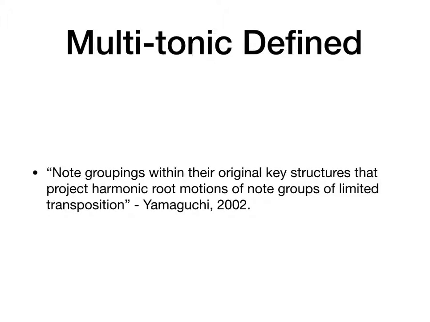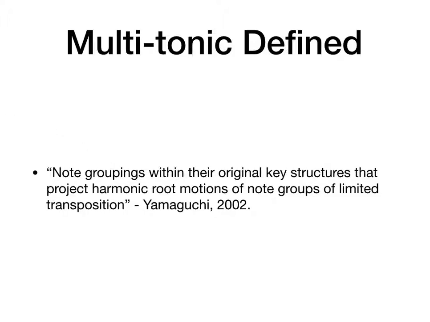Okay, so let's just look quickly at the definition, and this is the definition that I go through in the previous video. Again, I'm using Yamaguchi's definition, in which he says multi-tonic chord progressions are note groupings within their original key structures that project harmonic root motions of note groups of limited transpositions.